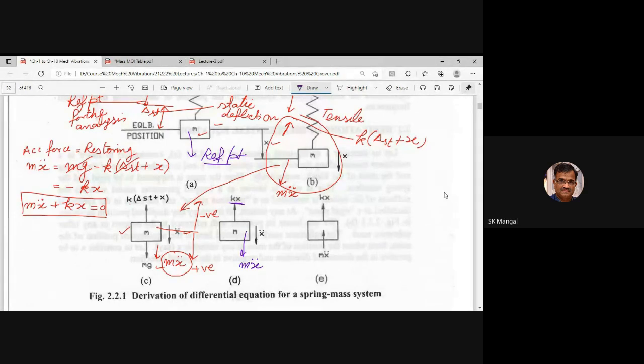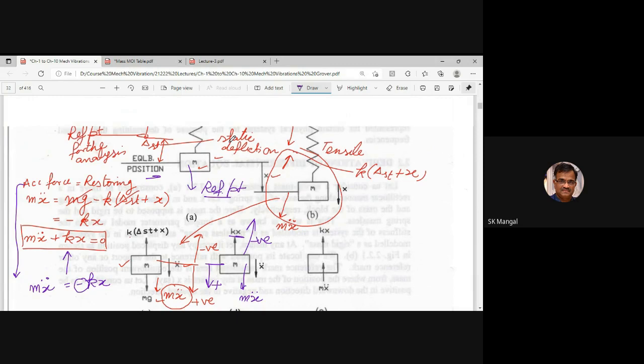Again, you can write the same equation here: mx double dot is equal to minus kx. This is in the positive direction, and this is in the negative direction, so I can write this negative sign here. Again, you are getting the same equation. So for simplicity, in some problems you can take the equilibrium position as the reference point. And in some problems you will have the initial position of the spring system as the reference point. Is it clear?